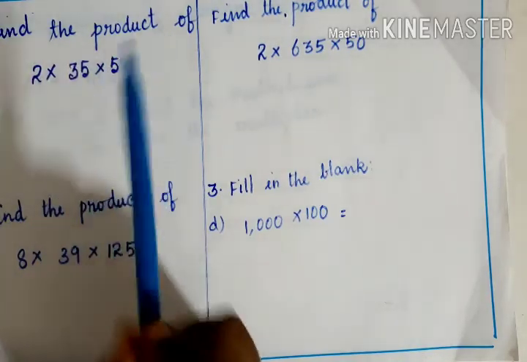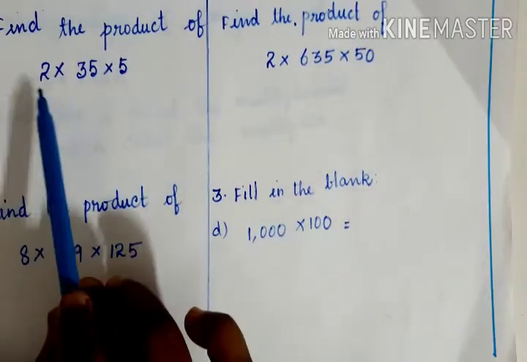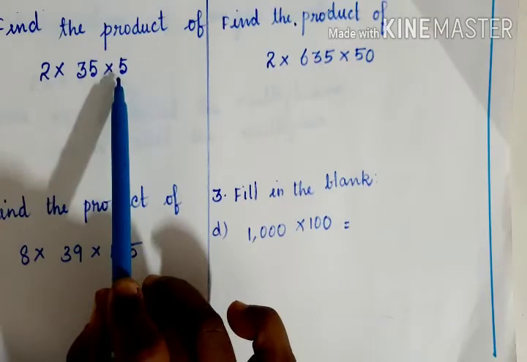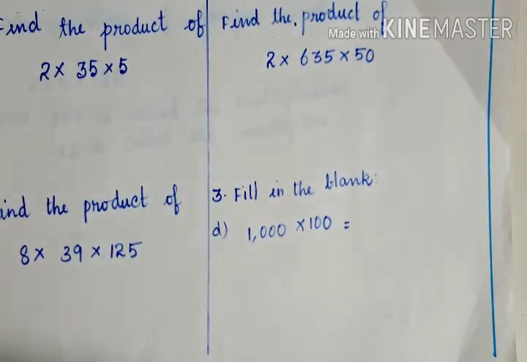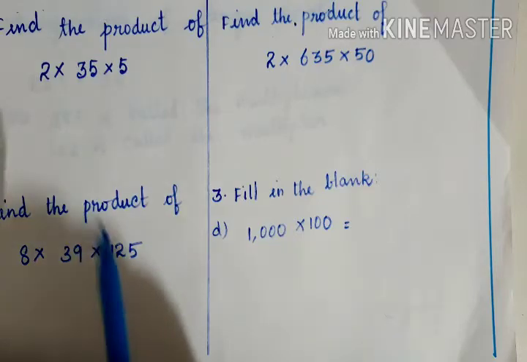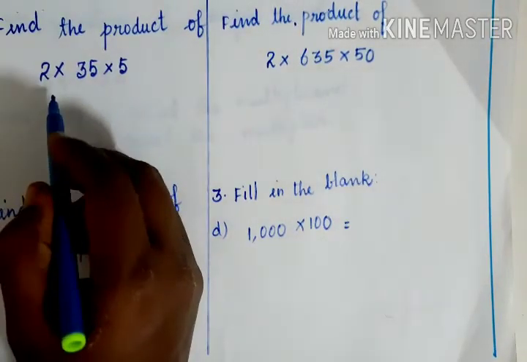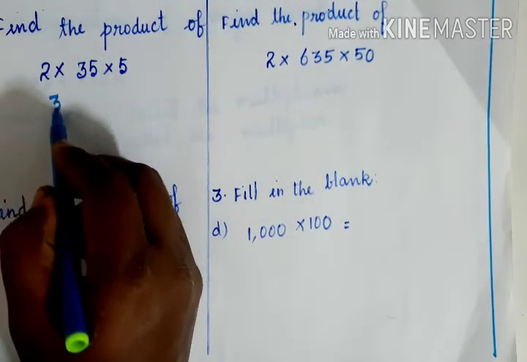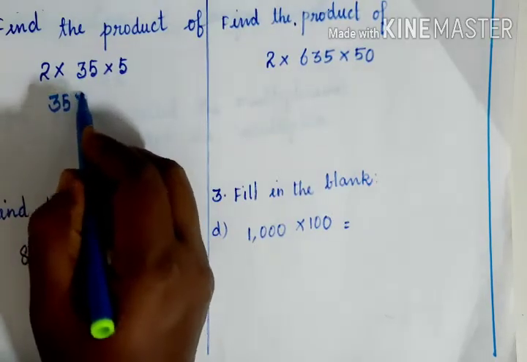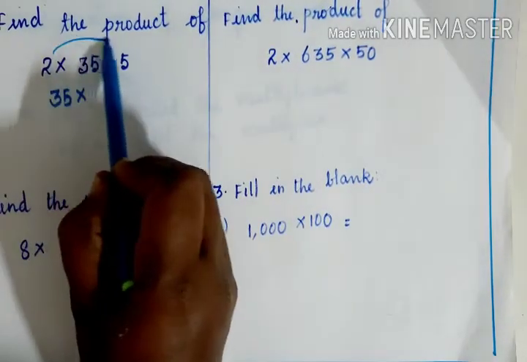Find the product of 2 into 35 into 5. For that, first you know that 2 into 5 is 10, isn't it? So first you write 35 into 2 into 5, that is 35 into 10.